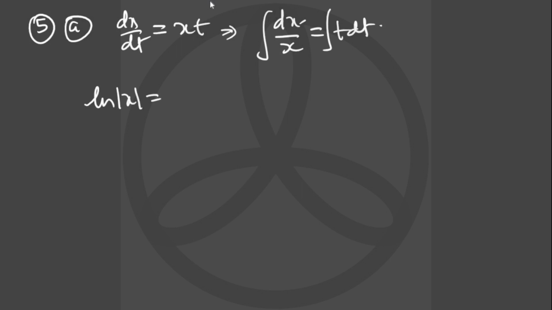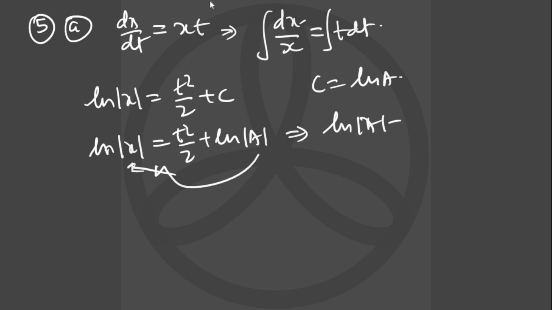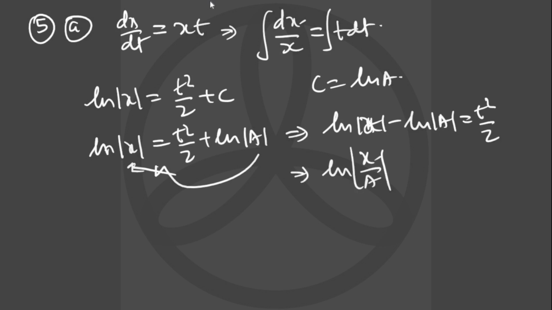ln x will be t²/2 + c. c can be written as ln a, and we write ln x = t²/2 + ln a, and we take it this side, okay, and ln x minus ln a is equal to t²/2, so ln(x/a).